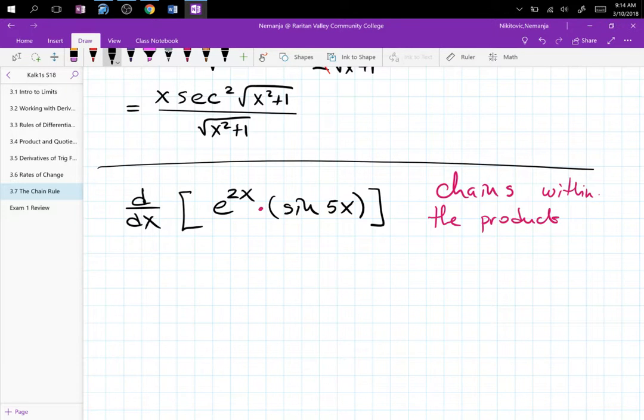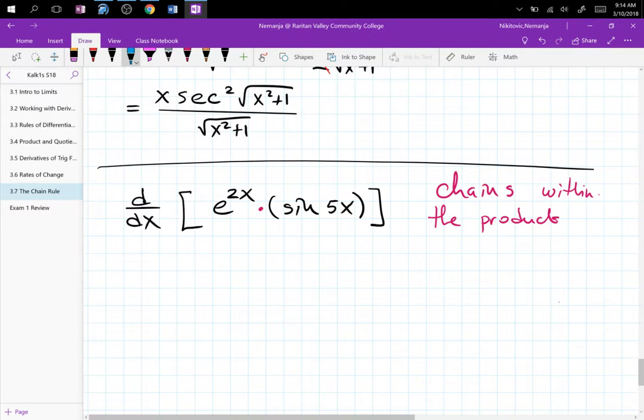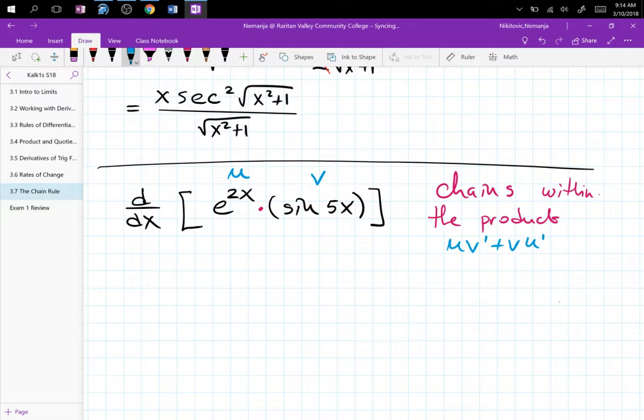So what's happening? Well, I have to use my formula. The product rule was UV prime plus VU prime. All right, let's go.